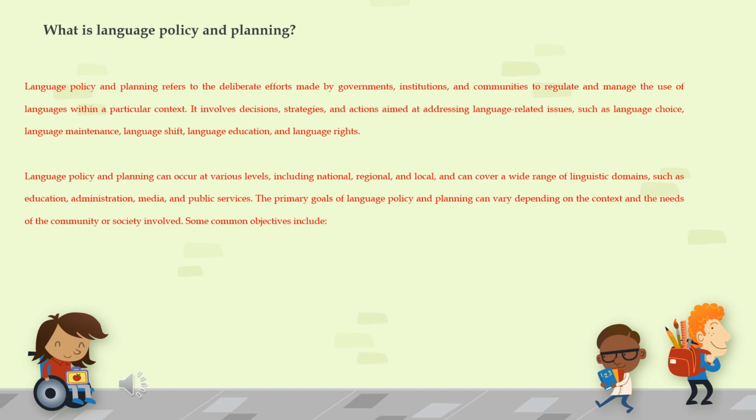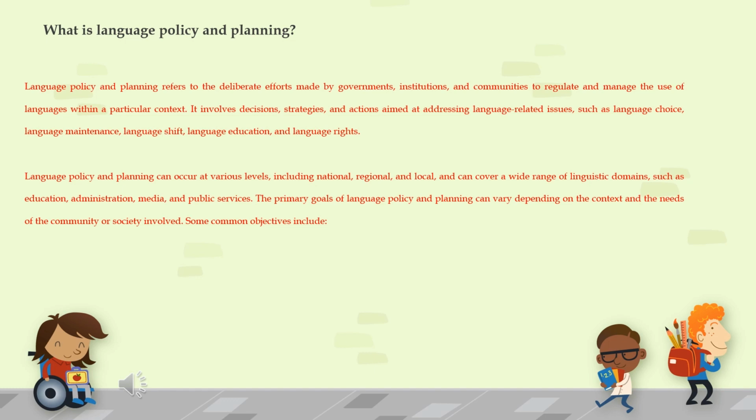It involves decisions, strategies, and actions aimed at addressing language-related issues such as language choice, language maintenance, language shift, language education, and language rights. In addition, language policy and planning can occur at various levels, including national, regional, and local, and can cover a wide range of linguistic domains such as education, administration, media, and public services.